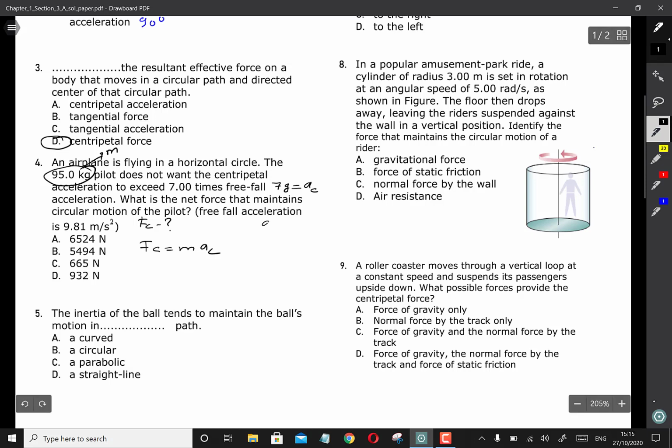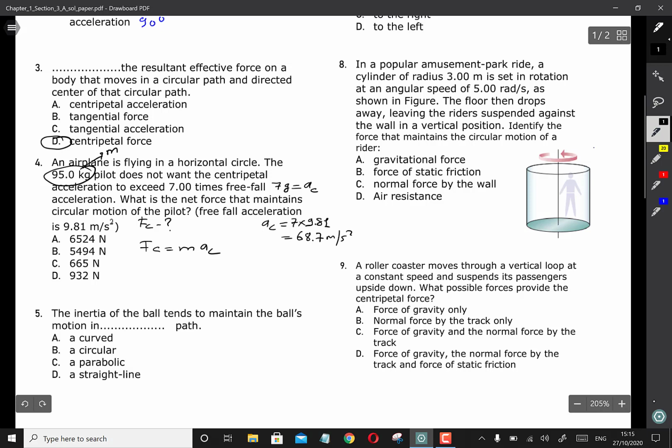Let's calculate first AC, 7g. 7 times g is 7 multiplied by 9.81, which is equal to 68.67, almost 68.7. Let's round it, meter per second square.